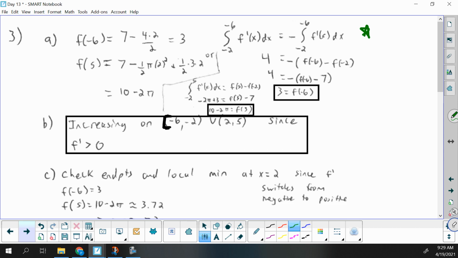I miswrote this. This should be a -6 here. That should be a -2. So that's really minus the integral from -6 to -2. So from -6 to -2, that's just a triangle, and the area is just 3.